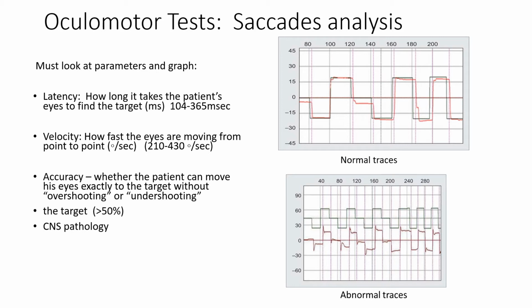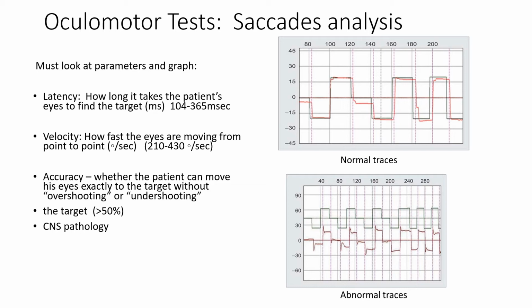First, we must look at both the parameters and also the graph. There are 3 parameters: latency, velocity, and accuracy. Latency refers to the difference in time between the presentation of the target and the beginning of a response intended to acquire that target, or how long it takes the patient's eye to find the target.